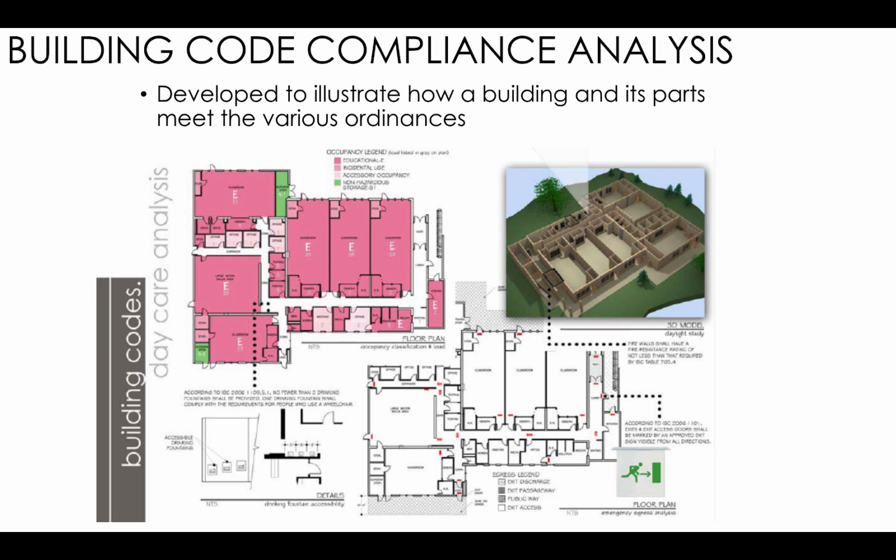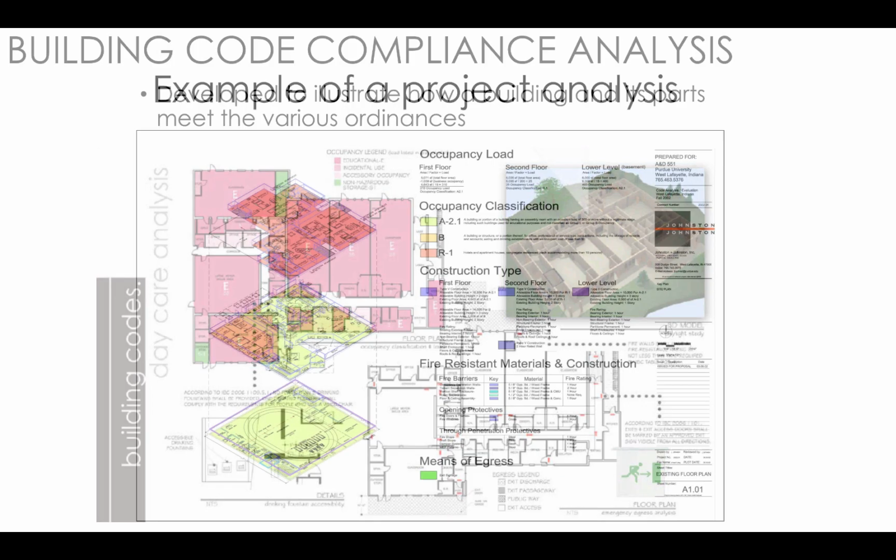These are the overall occupancy groups of the building. They might have an occupancy plan which calculates the number of occupants. They would certainly have a fire and life safety plan. And in this case, they've even included some accessibility details with dimensions.